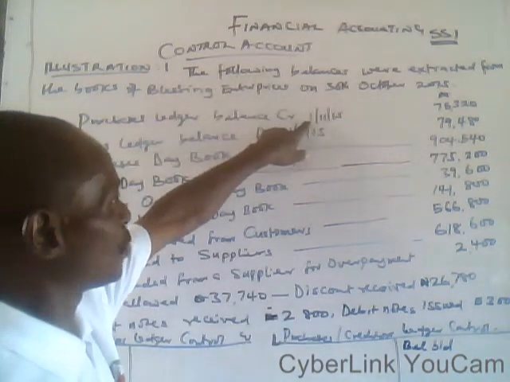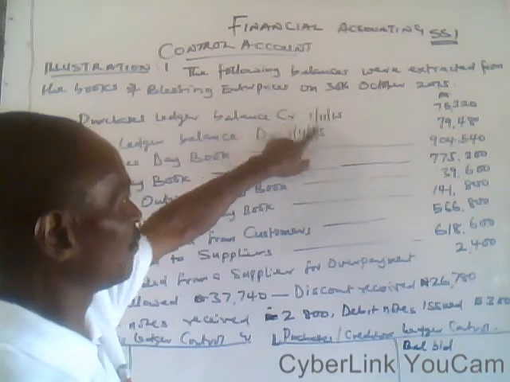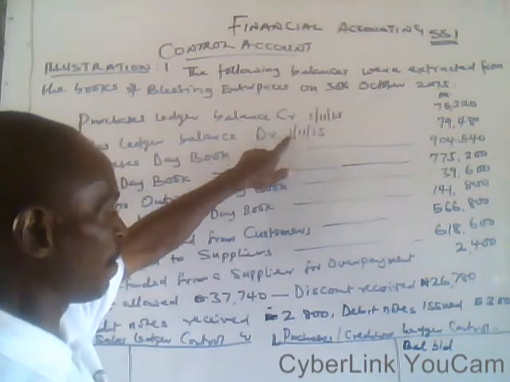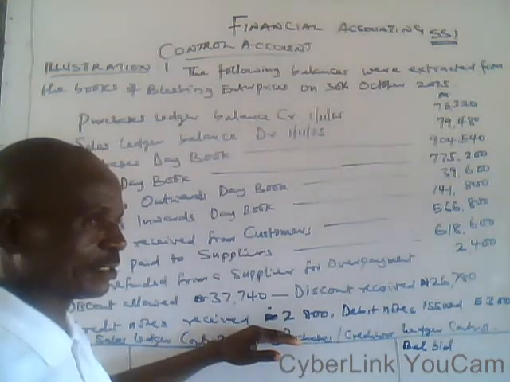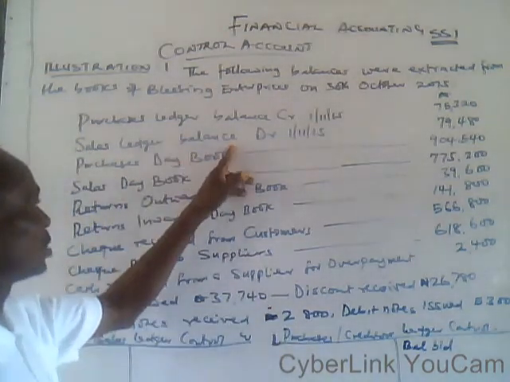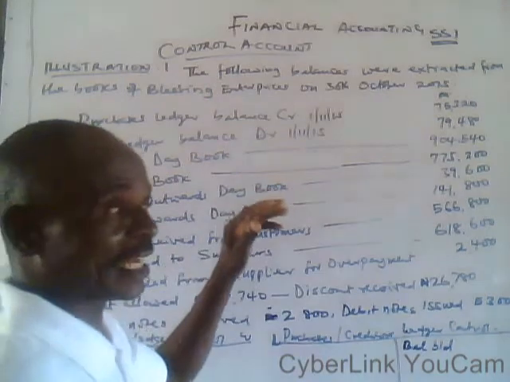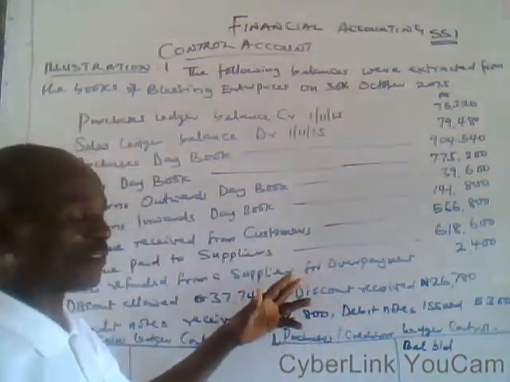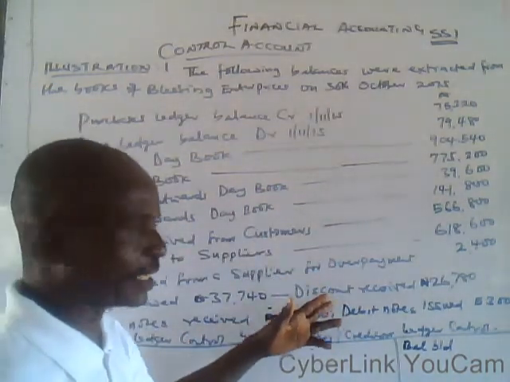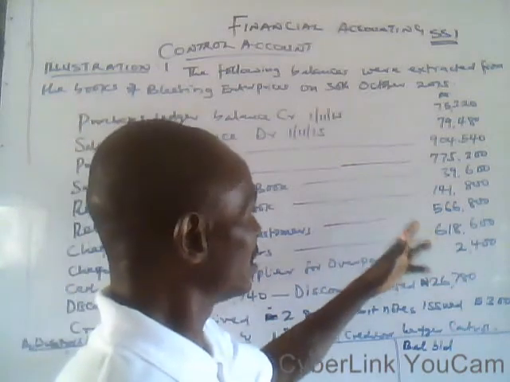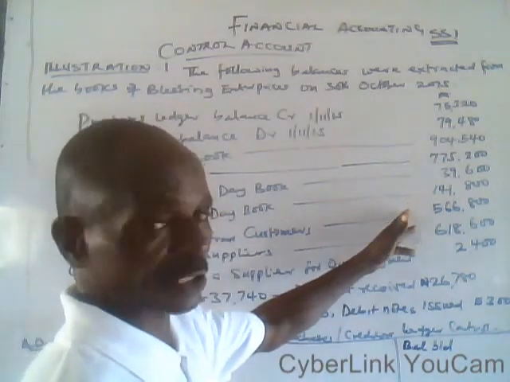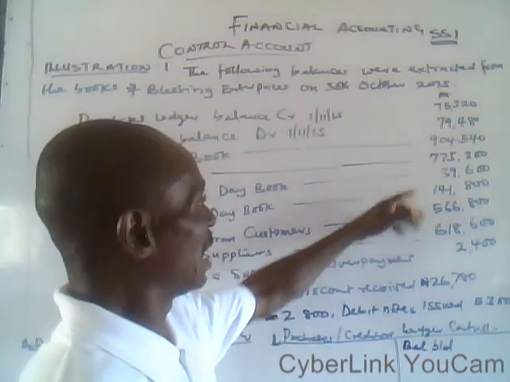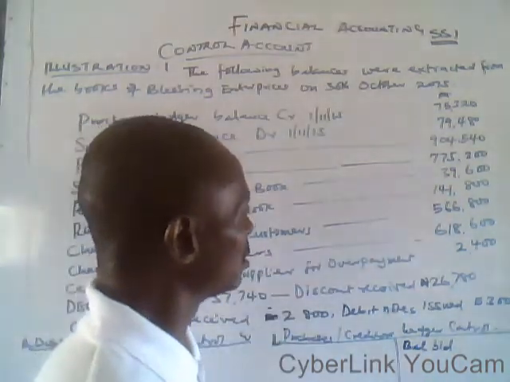And again, after you follow the rules one after the other, once you are given the opening balance, first day of the month or first day of the year, it's possible that you are given another closing balance of the sales ledger or purchase ledger that bears the end of the month or end of the year date, either 31st December or 31st March.